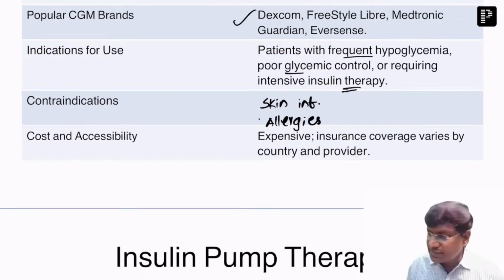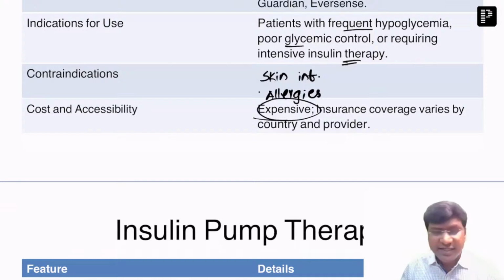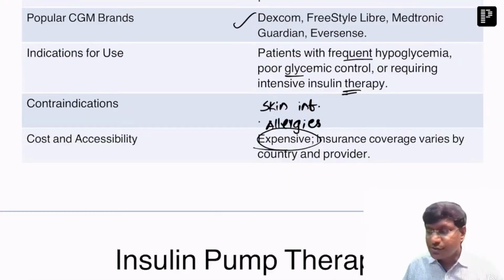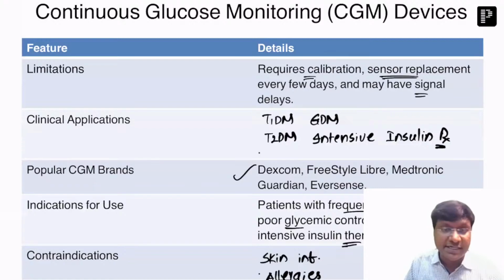And the cost of these CGMs is very, very expensive. So that is about continuous glucose monitoring. We have professional and personal types of CGM, and a CGM has a sensor, transmitter, and receiver. The advantage is real-time blood glucose levels, but the limitation is that it requires calibration and sensor replacement.